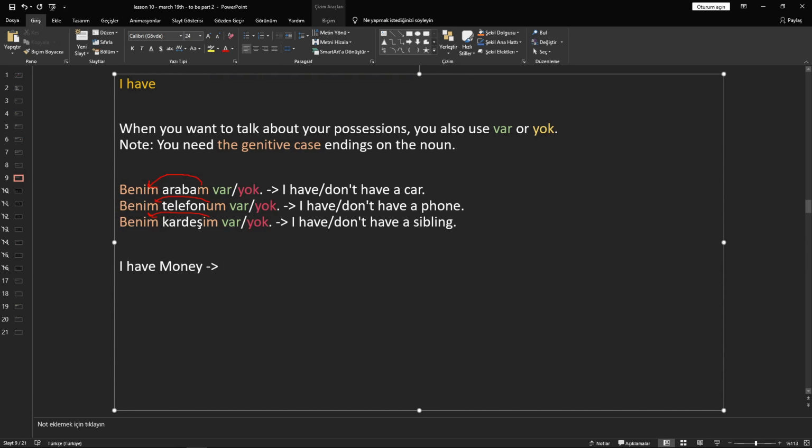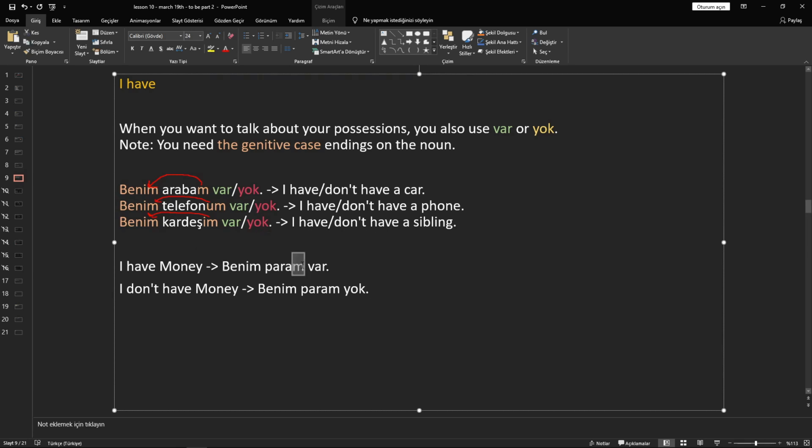Yes, that's good. Benim param var. Yeah, if you don't have money, I don't have money. Benim param yok. In either case, you will need the possessives.